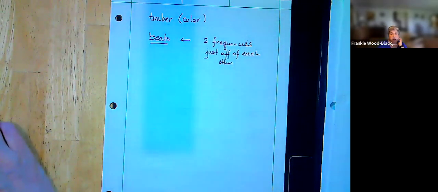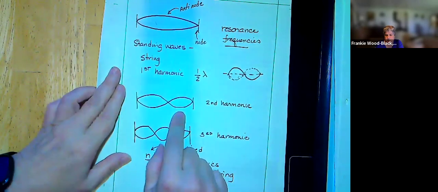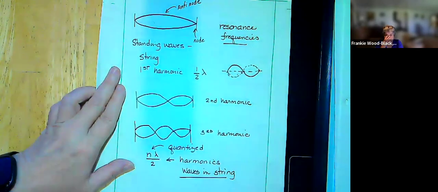It took me a long time. I don't have a very good musical ear, and I had to play with sound generators in order to be able to hear beats, and you're just off of getting these nice resonant frequencies for our sound waves.